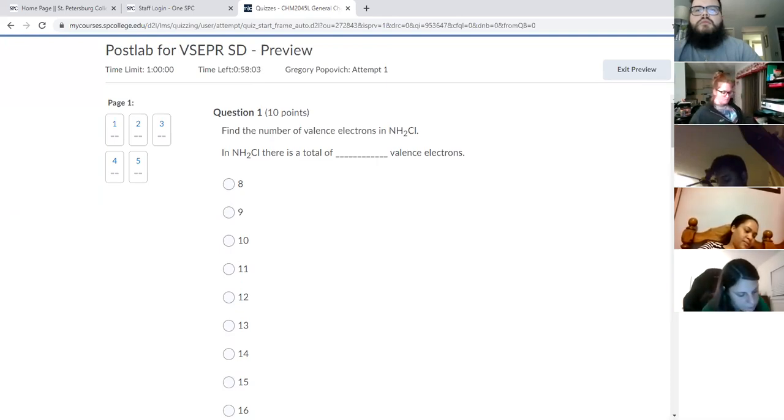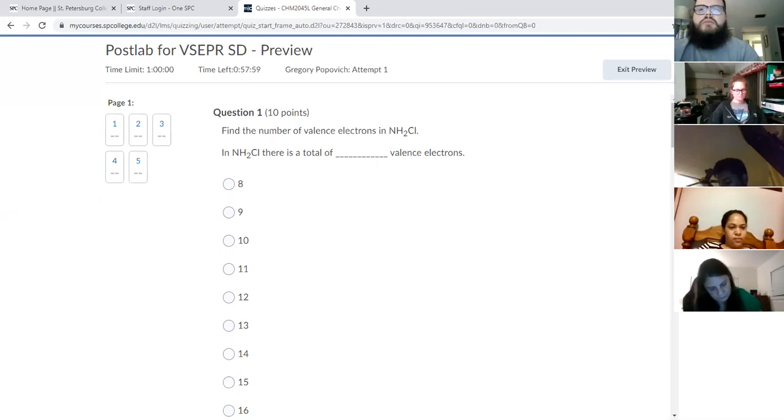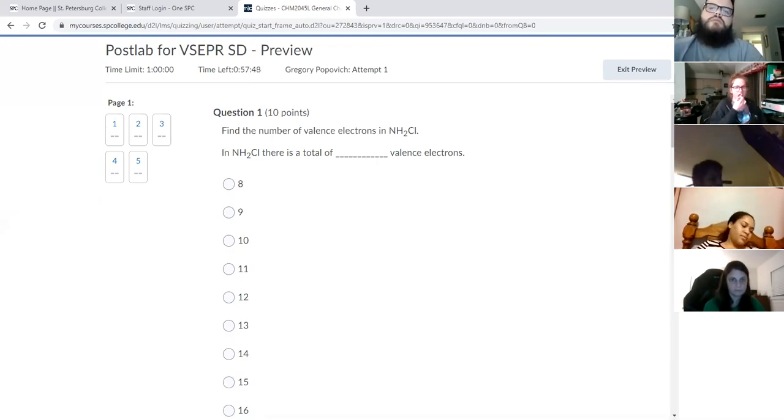What else can I help you with, guys? Do you have a rudimentary understanding of Lewis dots and VSEPR? Are we good with that? Ultimately, it's not that hard. If you follow the rules for Lewis dots, you can make a good Lewis dot structure.